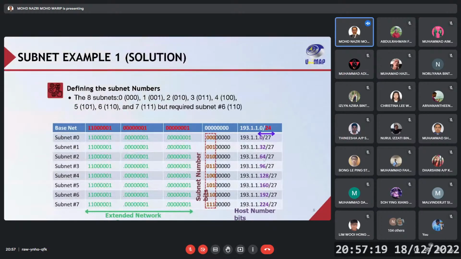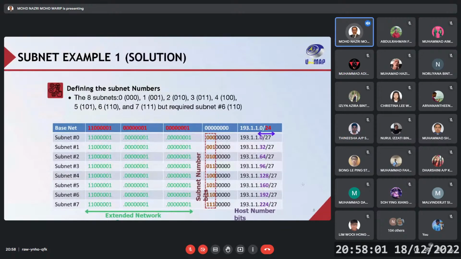Subnet 2 is .64, subnet 3 is .96, and so on: 128, 160, 192 until 224. 193.1.1.32/27 is classful or classless? Classless, because it is /27, not /24.